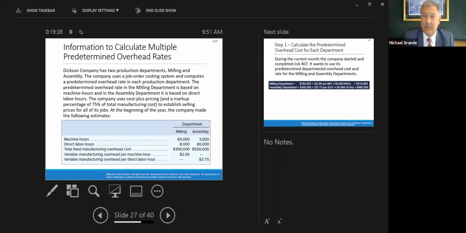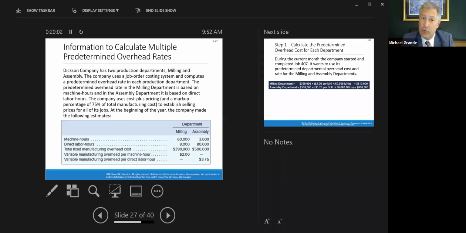Again, got to pay attention to the details because there's a lot going on in this one. Dixon Company has two production departments, milling and assembling. The company uses a job order costing system and computes a predetermined overhead rate in each production department. So we don't have one single plant-wide predetermined overhead rate.